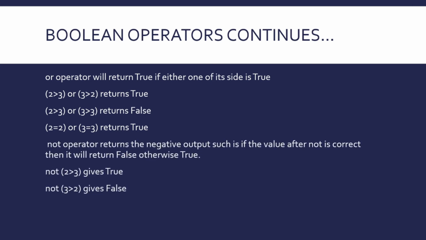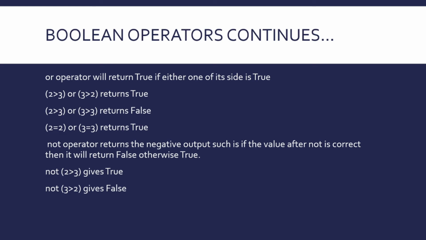Next is the NOT operator, which returns the negative output. If the value is not correct, it will return true. If the value is correct, then it will return false. Like in this case, 2 greater than 3 is false, we know that 2 is not greater than 3.